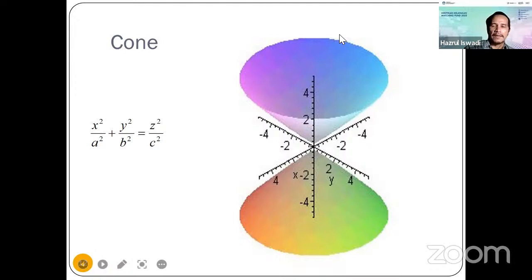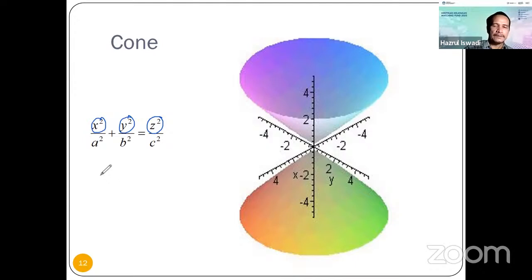Cone means that we have two variables with power of two, and the third variable also has power of two, but x and y are on the left side, and z is on the right side.